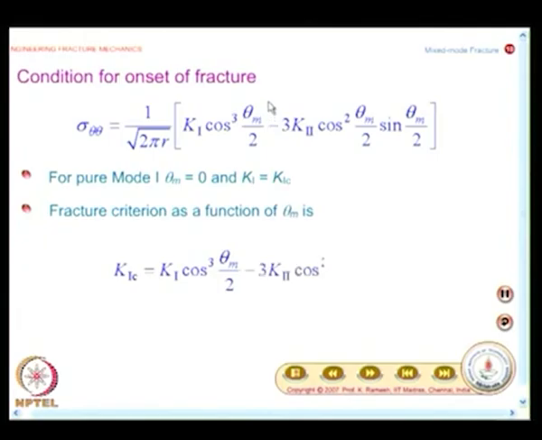For a pure mode 1 case, theta m equal to 0 and K1 equal to K1c. So, in a given problem, when this quantity, that is K1 cos cube theta m by 2 minus 3 K2 cos square theta m by 2 into sin theta m by 2, reaches the fracture toughness in mode 1, fracture would occur.